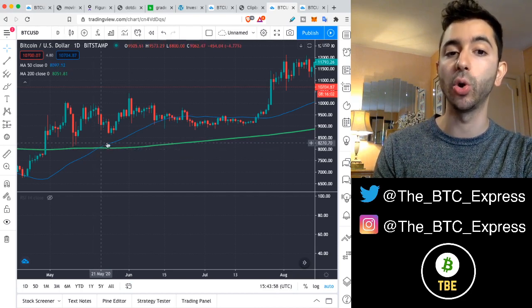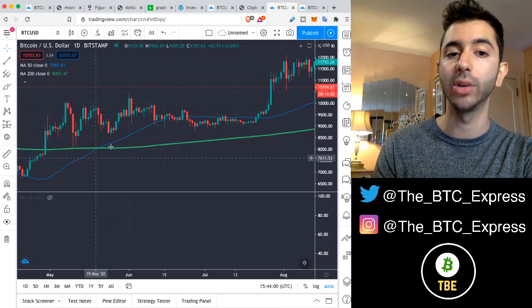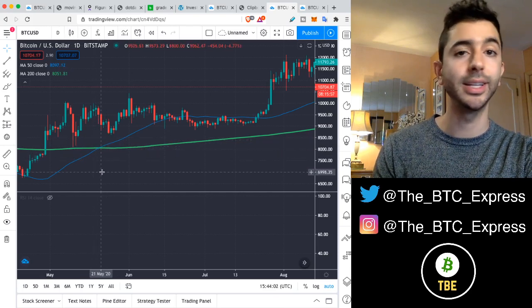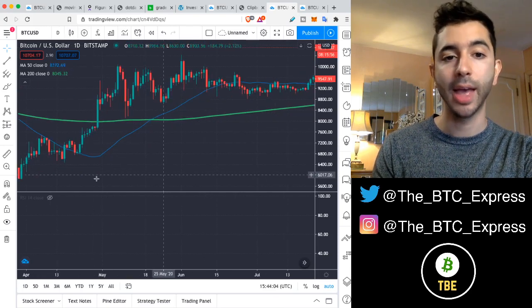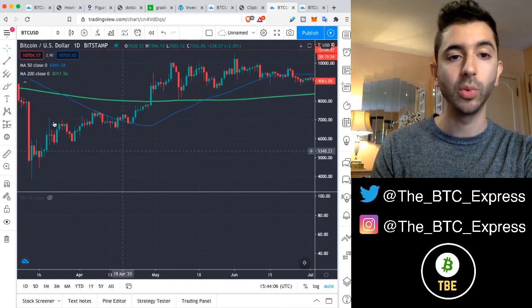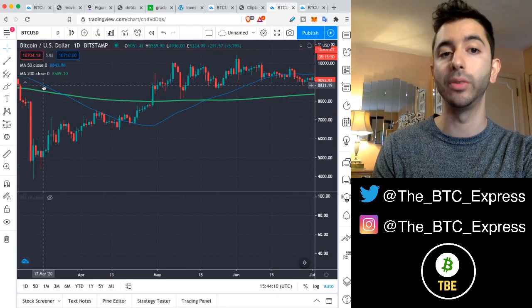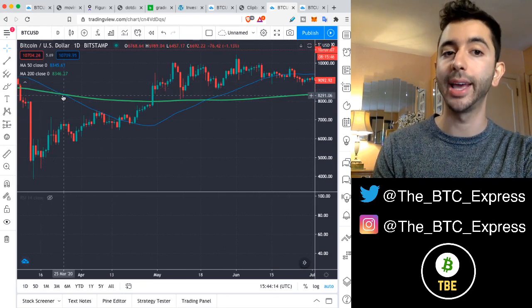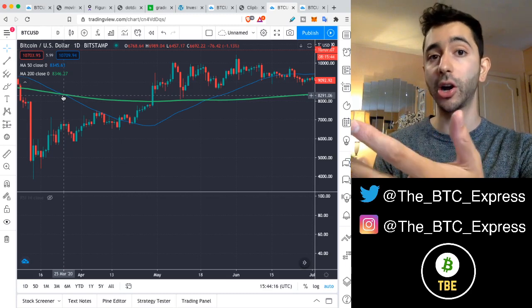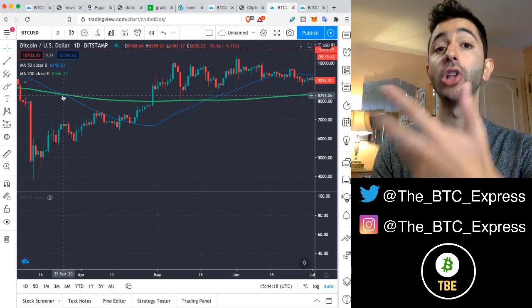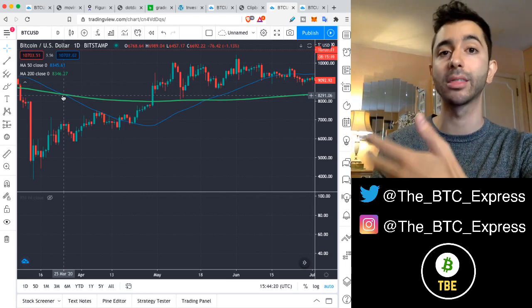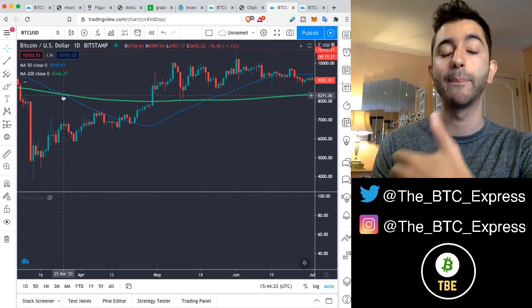So this would be a golden cross. Right over here, a golden cross. This is seen as a buying opportunity. And not long before that, we saw a death cross. Right over here, the short-term 50-day moving average went below the 200-day, or longer, moving average. So this would be a death cross. So this would be a selling opportunity.